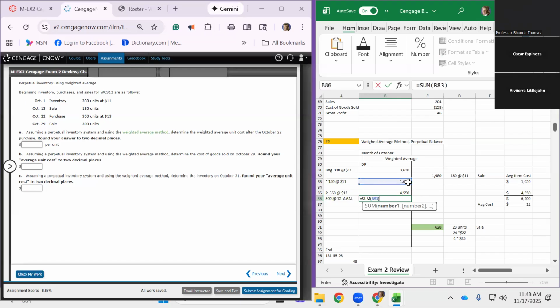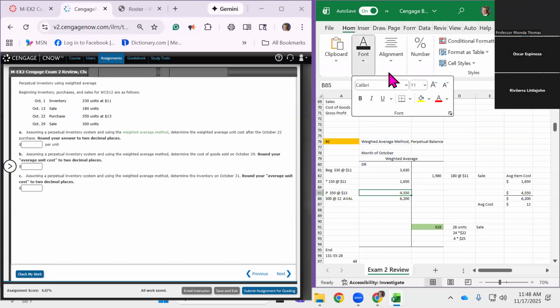And you're going to find that it's $6,200. Okay, so there it is, $6,200.